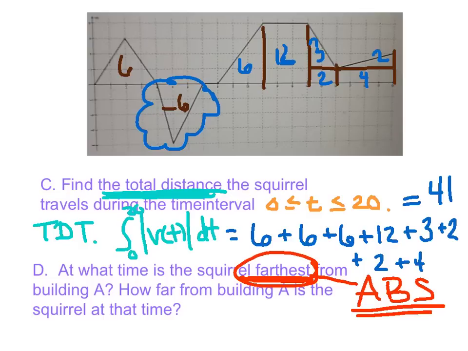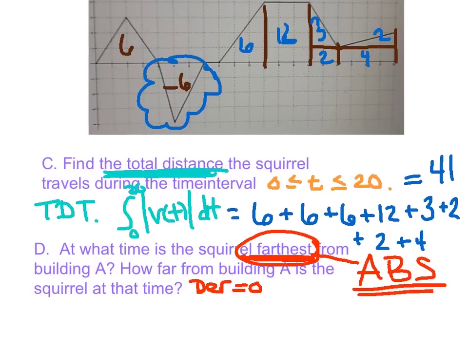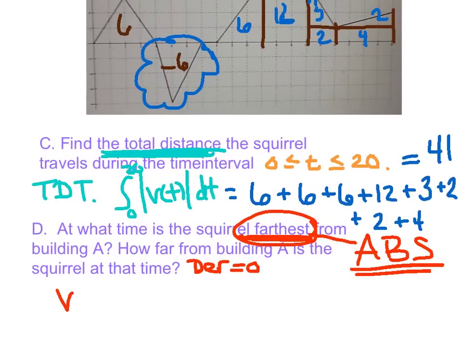So since it's absolute, again, we're going to treat it like the table. And I'm thinking in my head, set the derivative equal to 0. Okay, so in this case, I'm setting the velocity equal to 0. And I'm going to make my chart. Now I'm going to look up here real quickly. When does velocity equal 0?